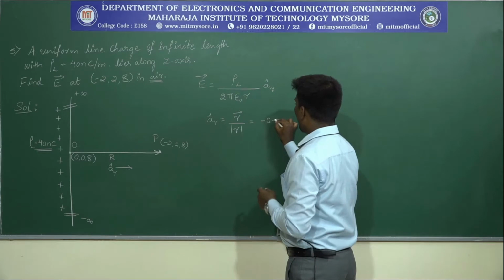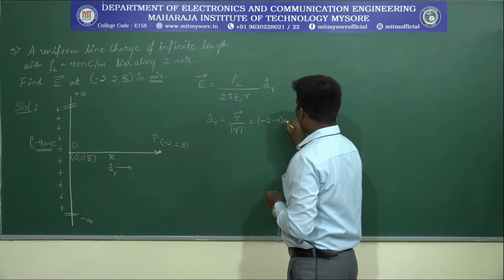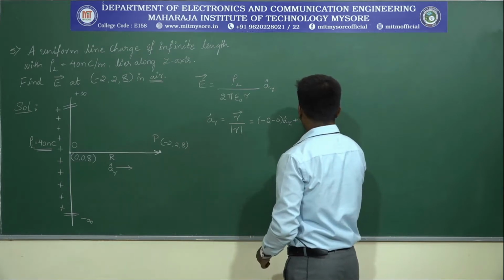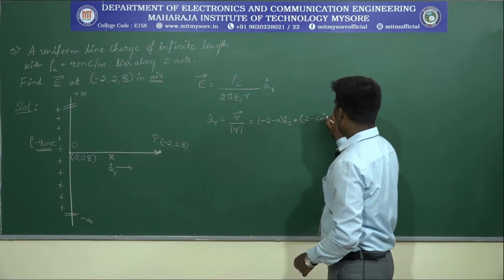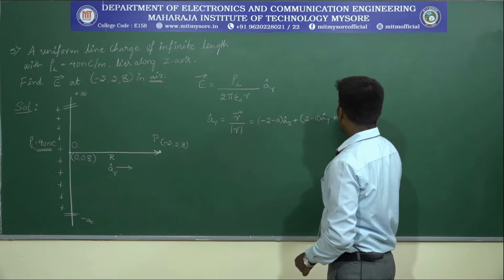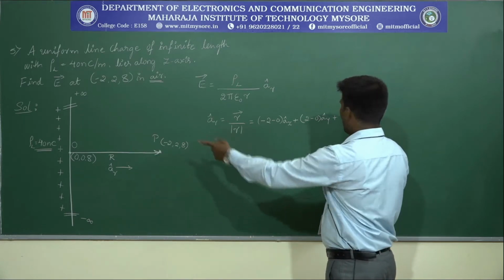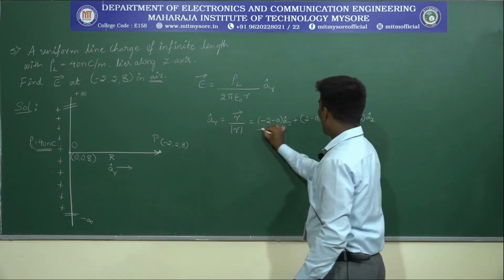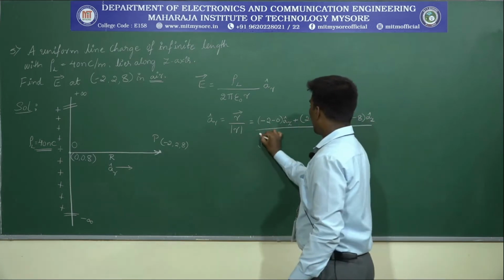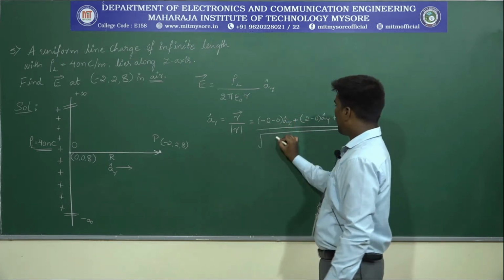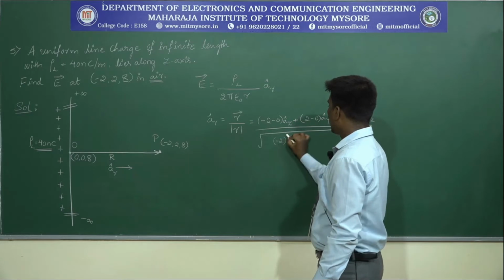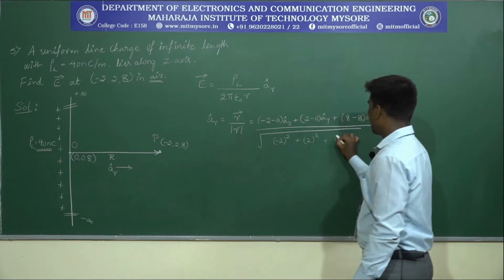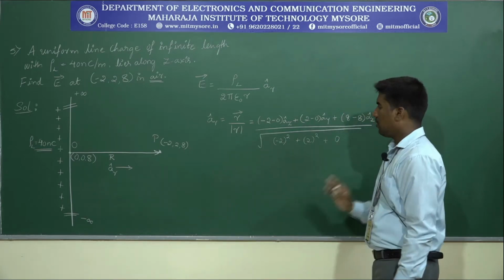That is, (-2 minus 0) a cap x plus (2 minus 0) a cap y plus (8 minus 8) a cap z, whole divided by the square root of (-2) whole square plus 2 whole square plus 0. 8 minus 8 is 0.